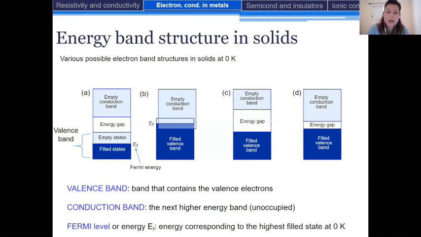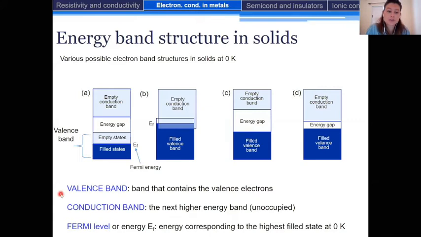And so here are represented 4 kinds of energy band structure. And we are going to make the relationship between electrical properties of materials and their band structure. But first of all, in order to describe these band structures, we need to give some definitions.